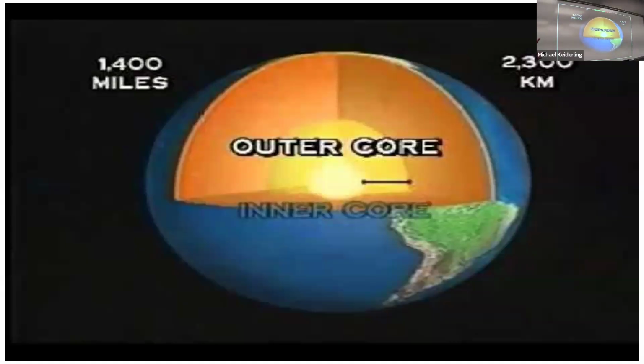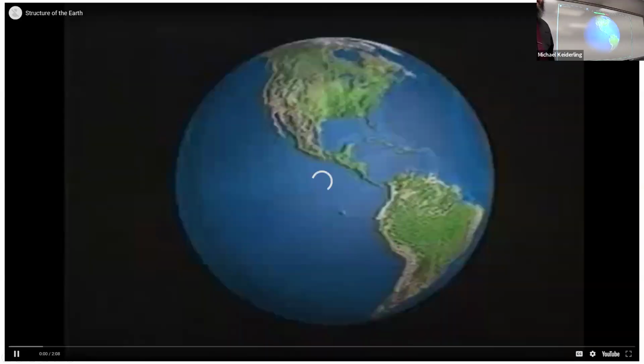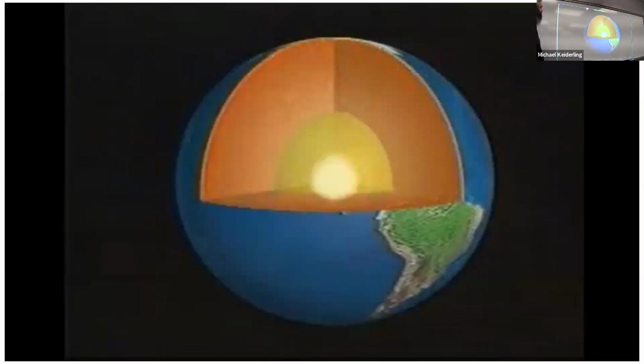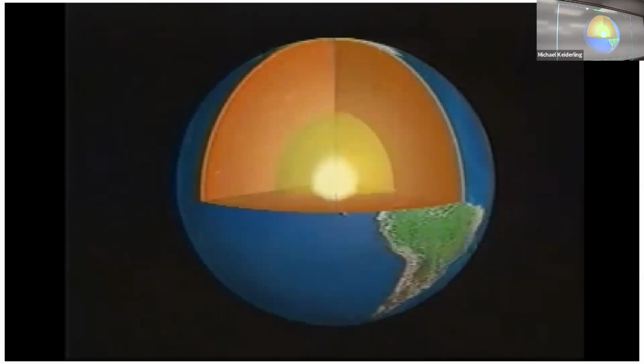So here are the layers of the Earth's core. If we could split open our planet, we would see that it is made up of various zones. The Earth is approximately 8,000 miles, or 13,000 kilometers, in diameter, from the North Pole to the South Pole. At the center, we have what we call the inner core.